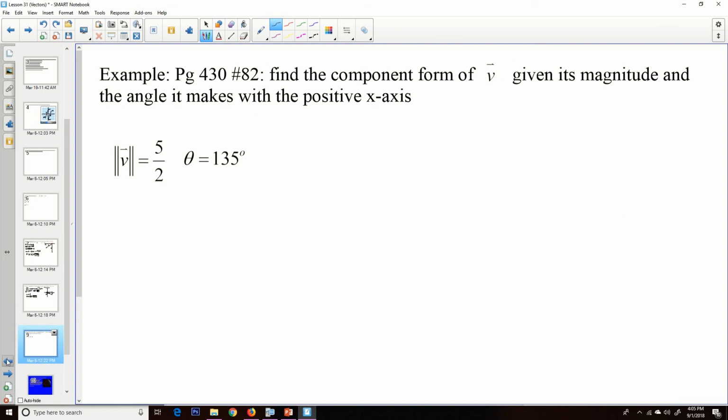Okay. Next, find the component form of v given its magnitude and the angle it makes with the positive axis.